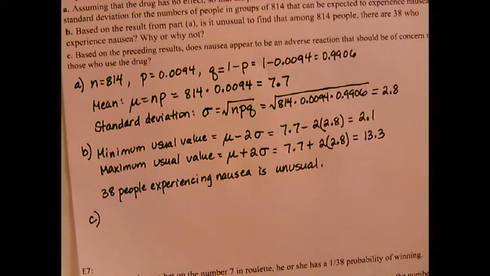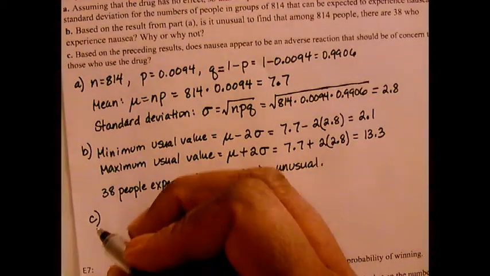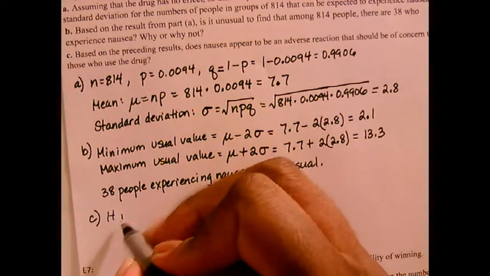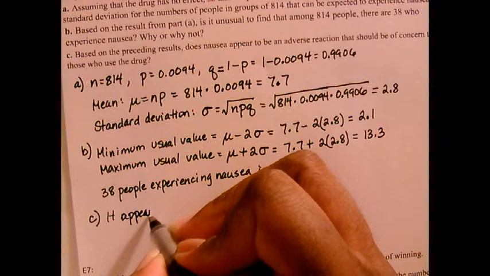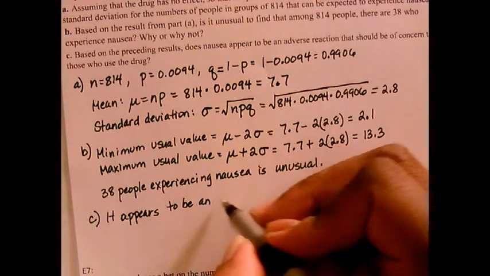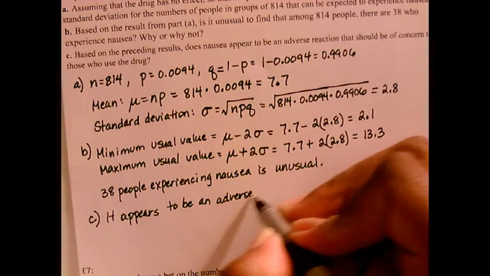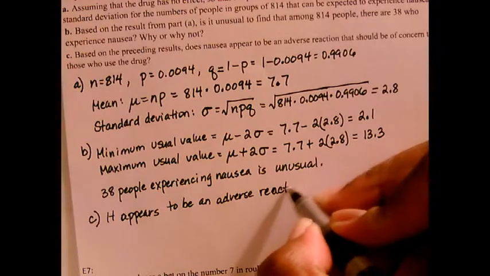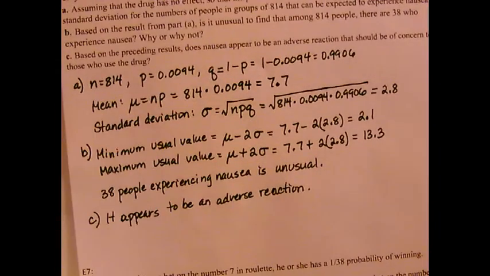So that might be of concern to those who use the drug. But you're dealing with 814 people, so 38 out of 814 is a small percentage. So it doesn't happen very often.